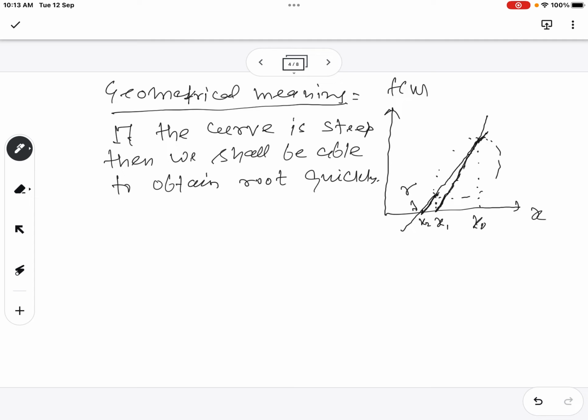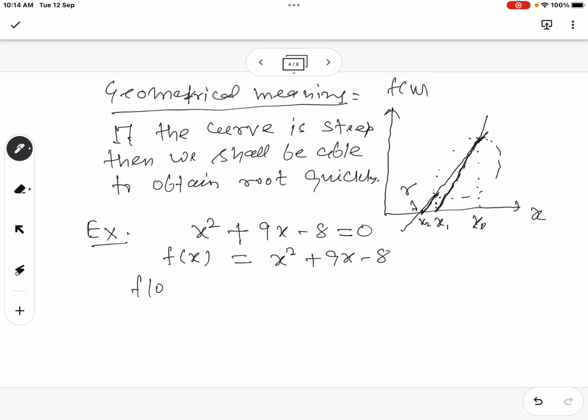Now as we have discussed the theory of Newton-Raphson method, let us see how it works with an example. So let me consider an equation x square plus 9x minus 8 is equal to 0. Now let me consider the function is x square plus 9x minus 8. First of all I need to obtain an interval in which the root lies.